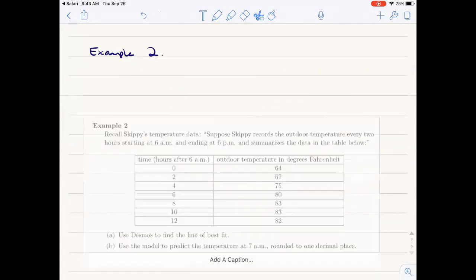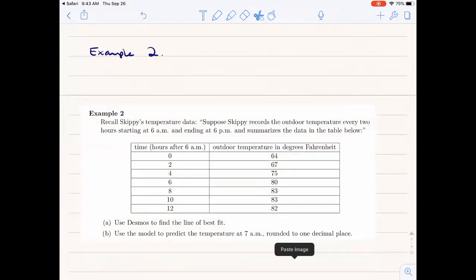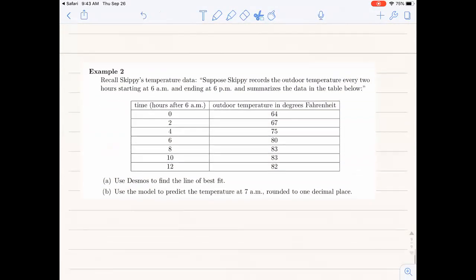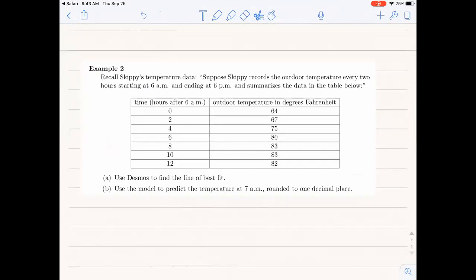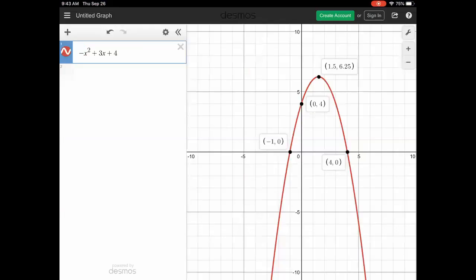So when we have ordered pairs like this, 0 and 64, 2 and 67, we can use Desmos. And I'll just ditch this line here.